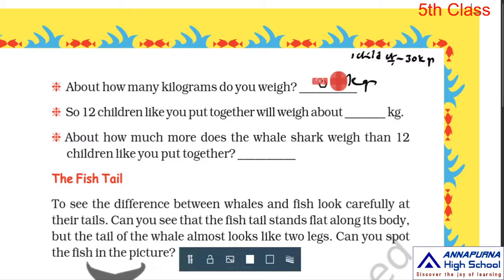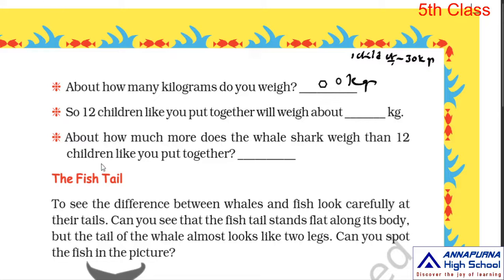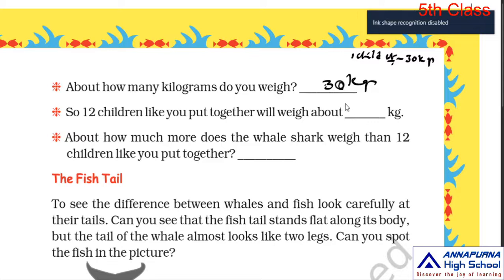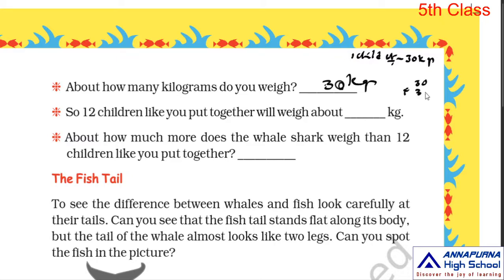Now, 12 children like you put together will weigh about how many kgs? Here it shows addition. We know that one child's weight is 30 kgs. For 12 children we have to add 30 repeatedly: 30 plus 30 plus 30 plus 30 plus 30.